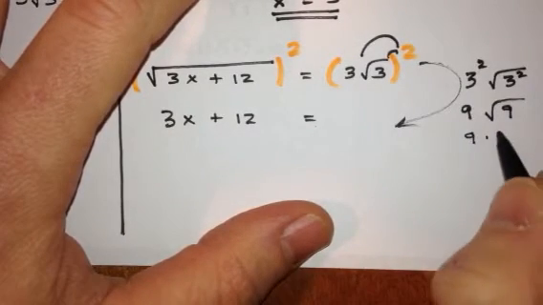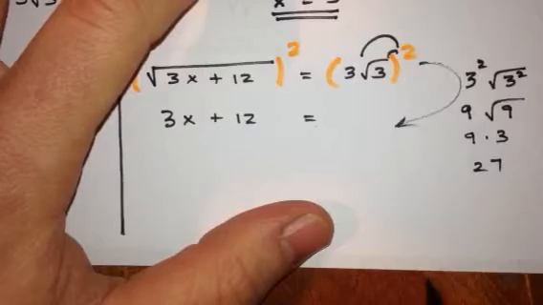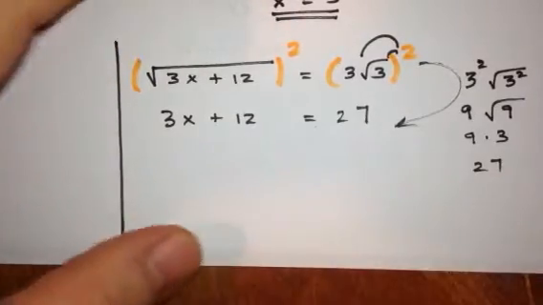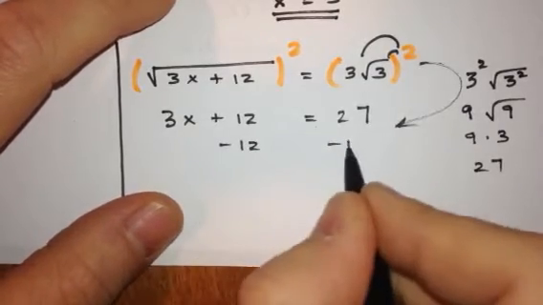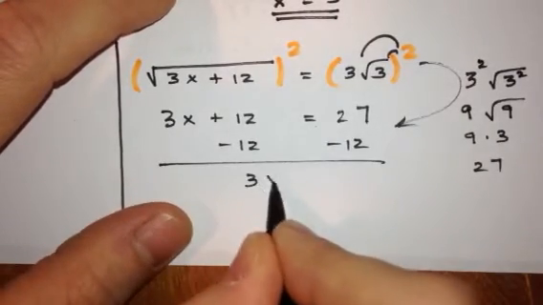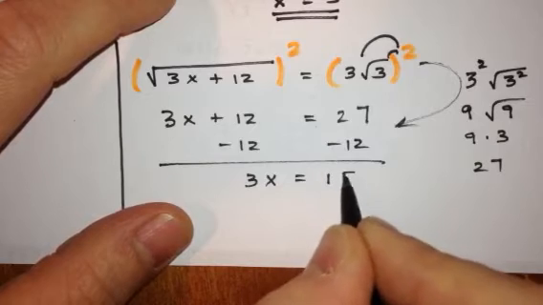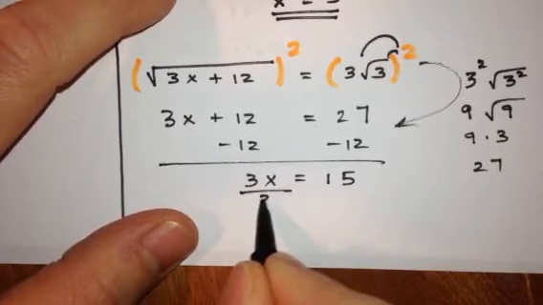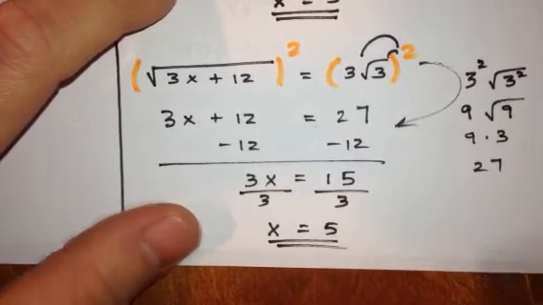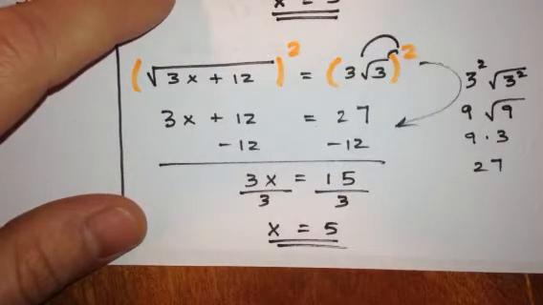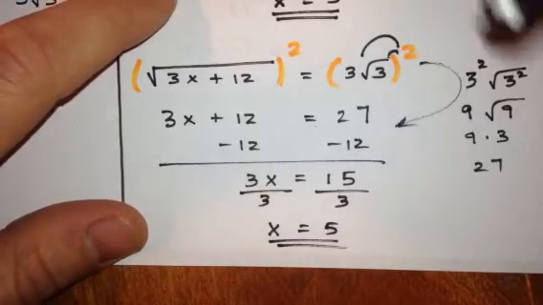So that's 9 times 3, which is 27. Okay. Now we can solve this equation by subtracting 12 from both sides. We get that 3 times x is 15. And then we divide by 3 on both sides, and we get x is equal to 5. Exactly as we expected. Let's go to the next example.